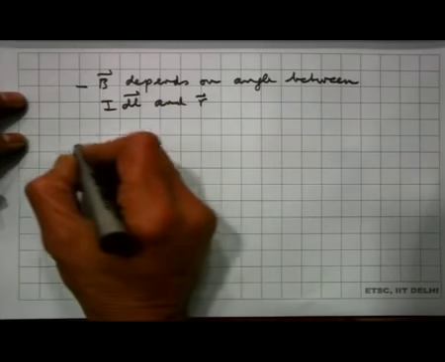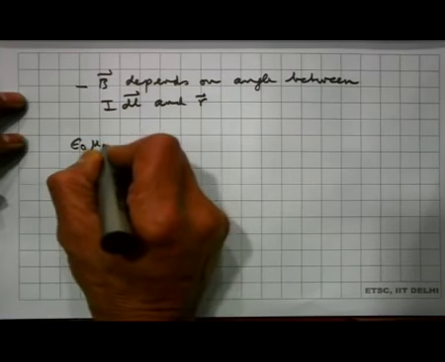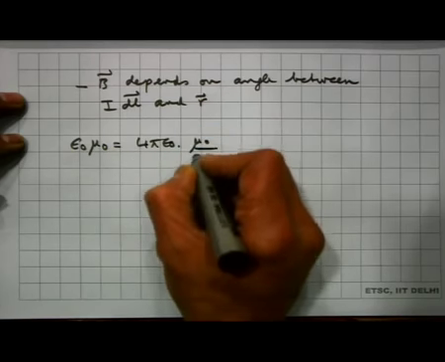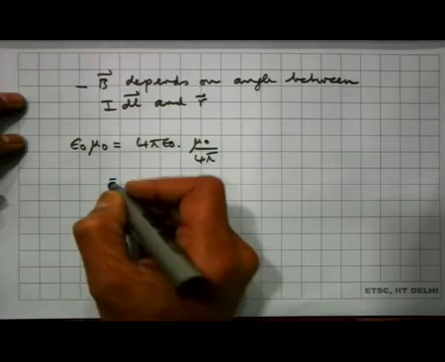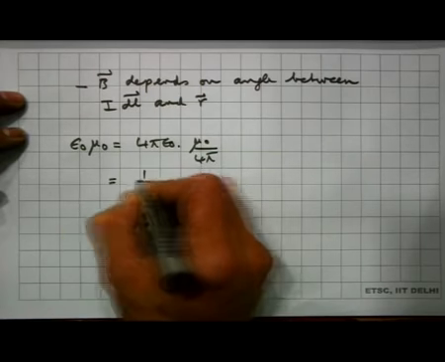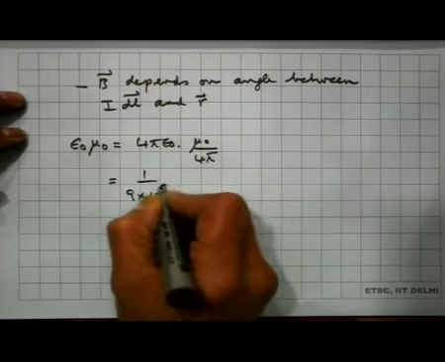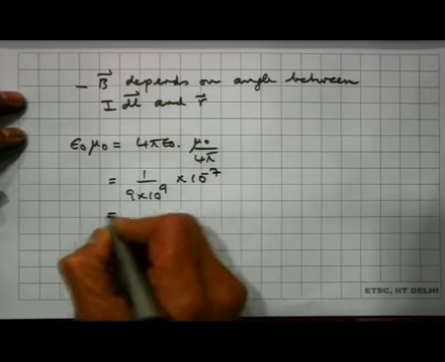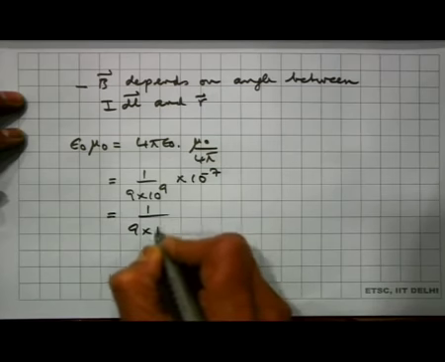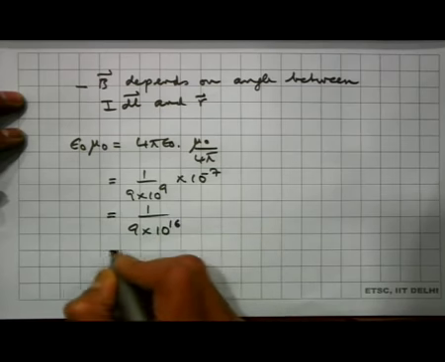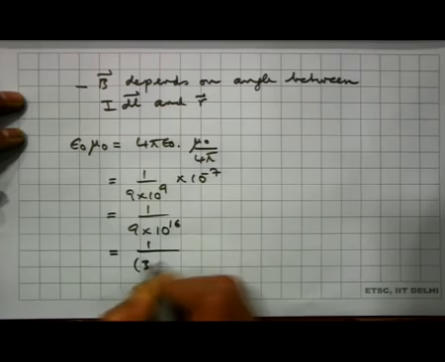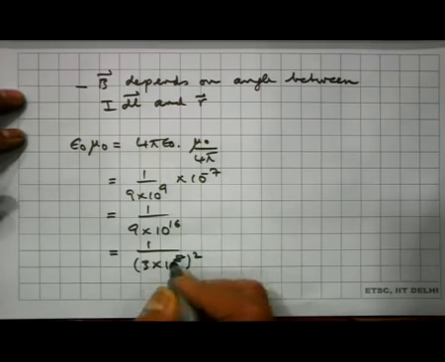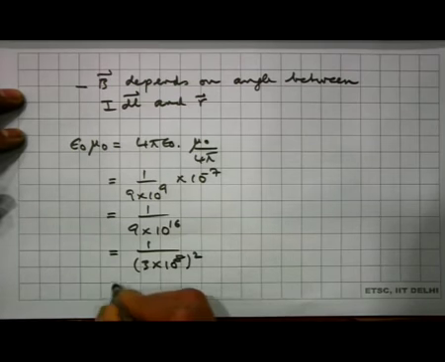Now incidentally, we may note that epsilon 0 mu 0 can be written as 4 pi epsilon 0 into mu 0 by 4 pi. 4 pi epsilon 0 we have seen is approximately 1 by 9 into 10 to the power 9, and mu 0 by 4 pi is 10 to the minus 7. So this is equal to 1 by 9 into 10 to the power 16, which is equal to 1 by 3 into 10 to the power 8 squared, and 3 into 10 to the power 8 meter per second is nothing but the velocity of light in free space.